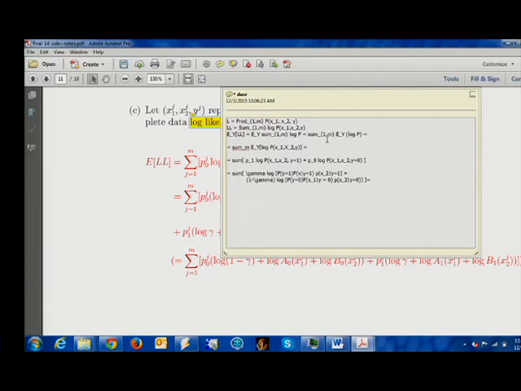This is for the examples. So what does this mean? I'm keeping the sum here.